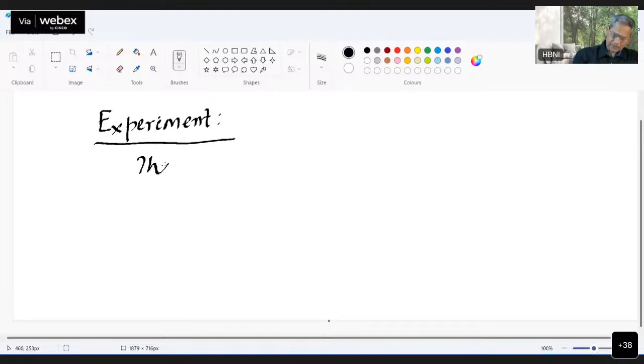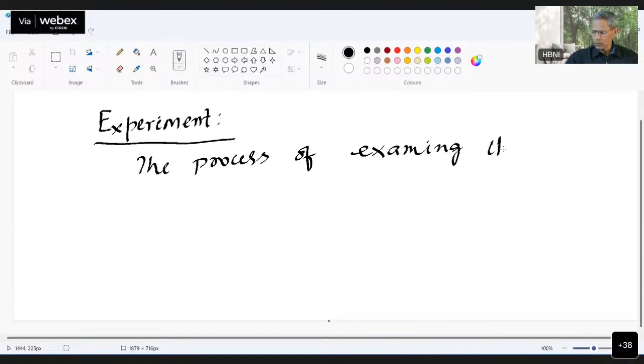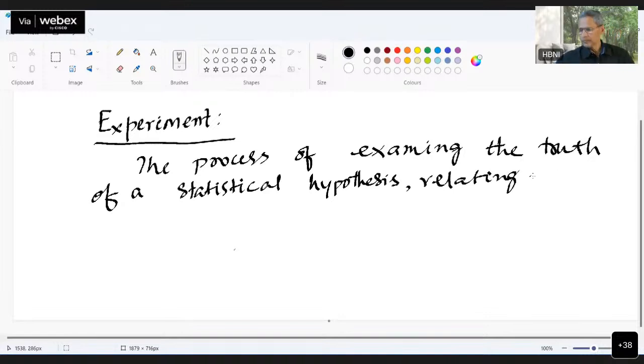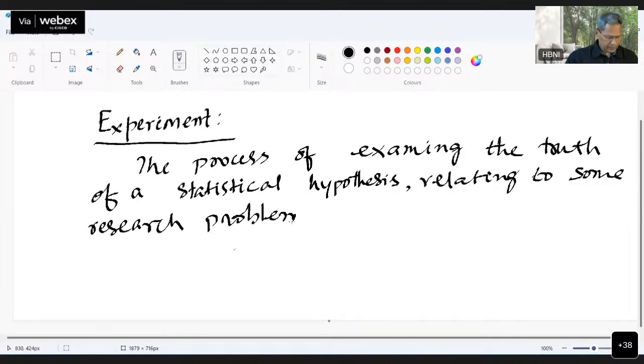Let's write: the process of examining the truth of a hypothesis relating to some research problem is an experiment.